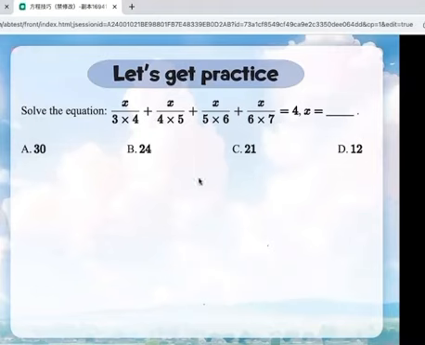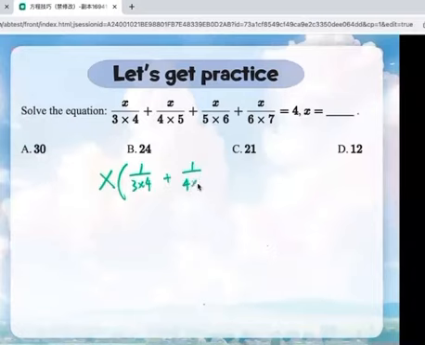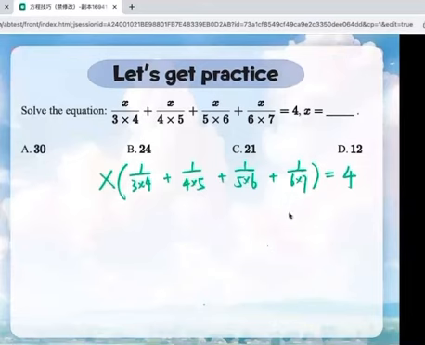Since they all have the x as a common factor, we can factor out the x and turn the left side of the equation into x times, in the parentheses, 1 over 3 times 4 plus 1 over 4 times 5 plus 1 over 5 times 6 plus 1 over 6 times 7. And that is equal to 4. So this is step 1 for the same equation. We factor out the x.